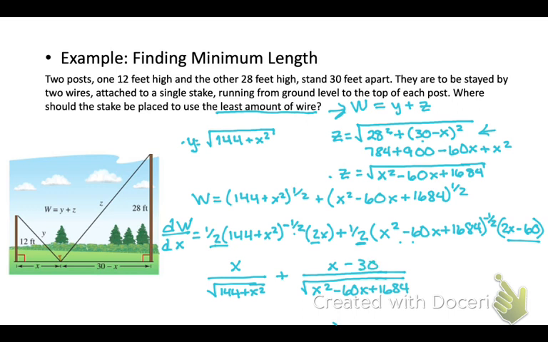So now you're going to have to set that equal to 0. I will give you a hint. Subtract over 1 and then cross multiply. But it's going to be a lot, guys.